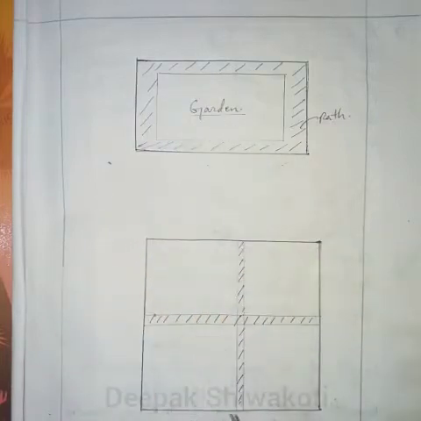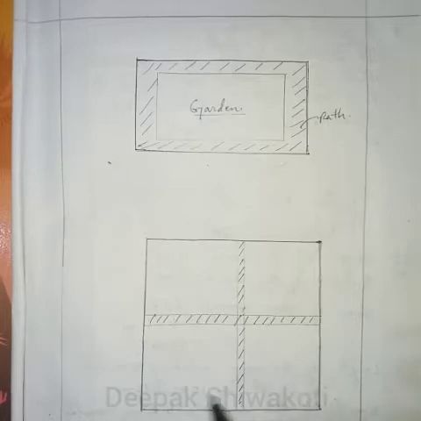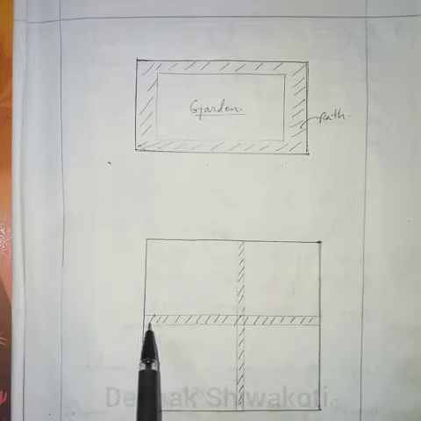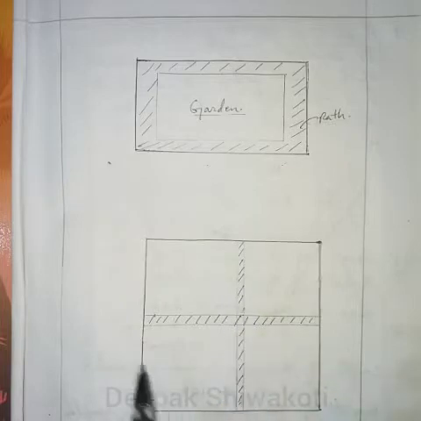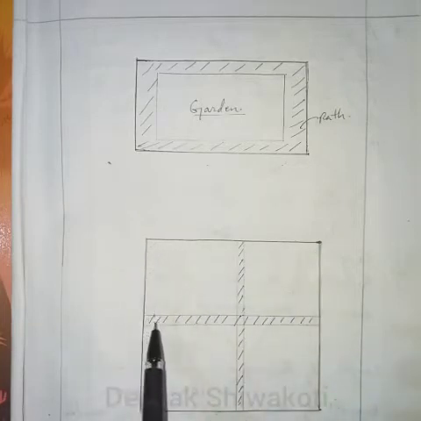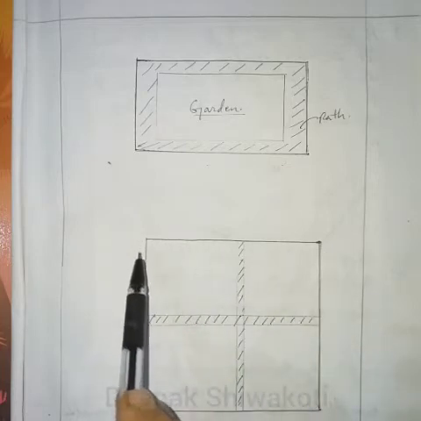And here is another kind of figure, where the paths cross. Suppose this is also a garden, and the path here is in a cross. This path is parallel to the length and this path is parallel to the breadth.